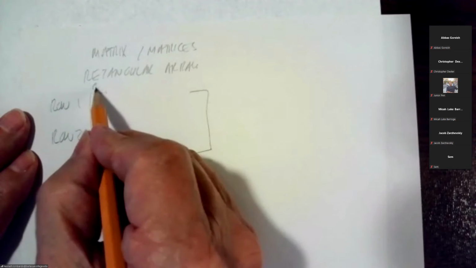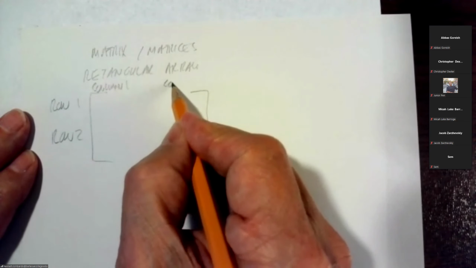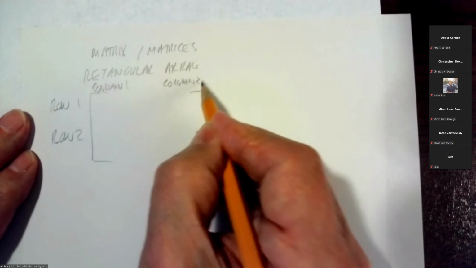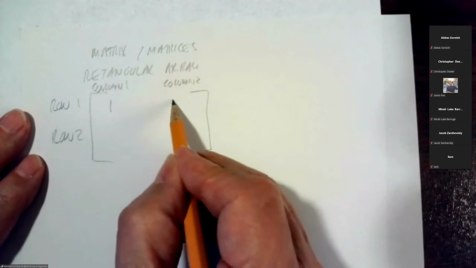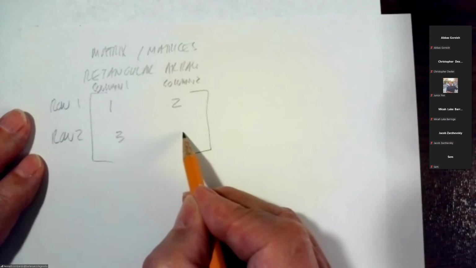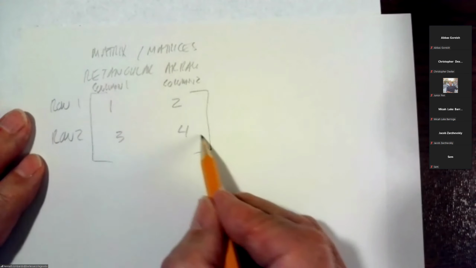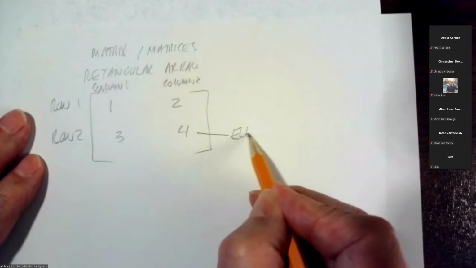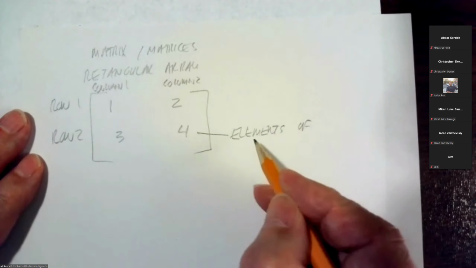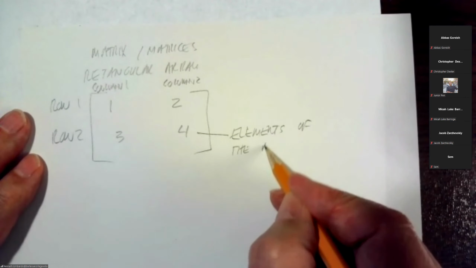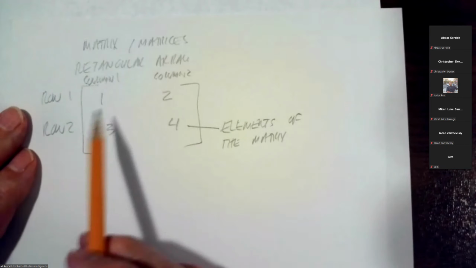And up here, I might have column 1 and column 2. And I might have 1, 2, 3, 4, whatever the values are inside this array. And these are called the elements of the matrix. We're just getting down some terms here.